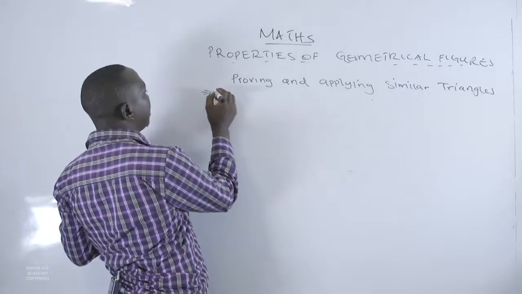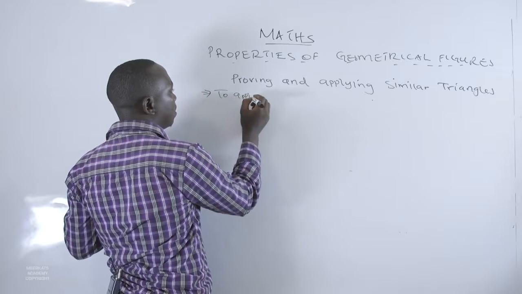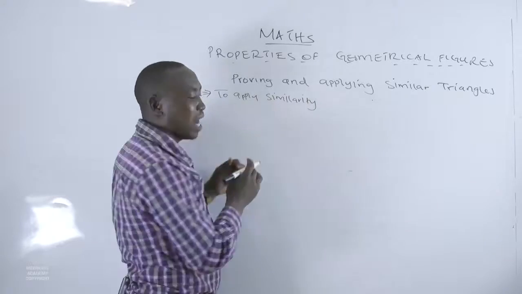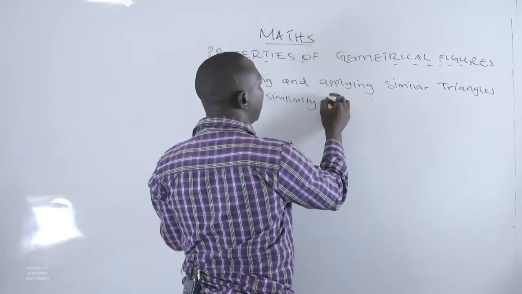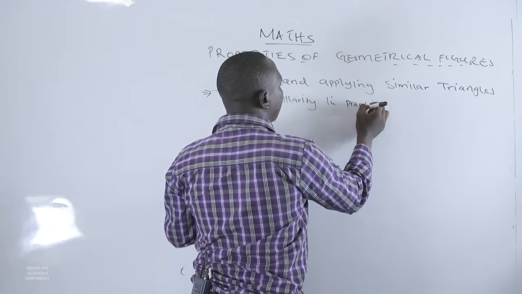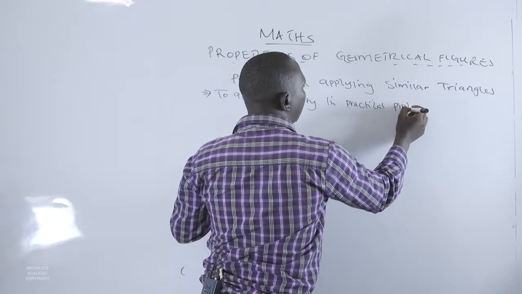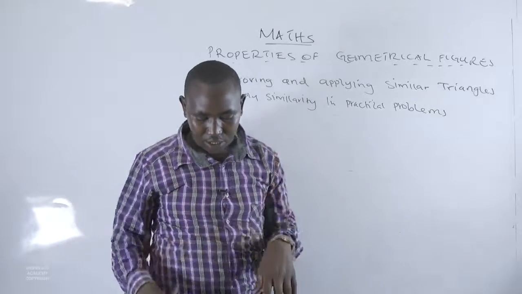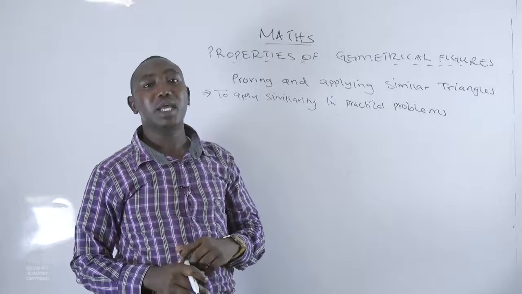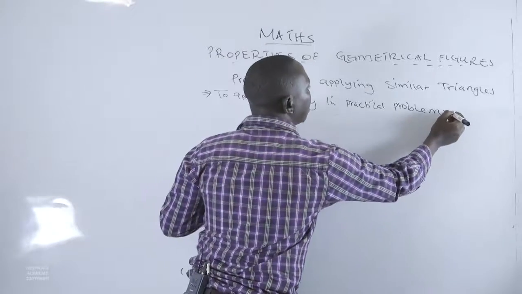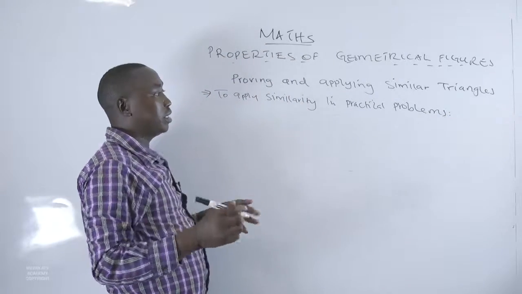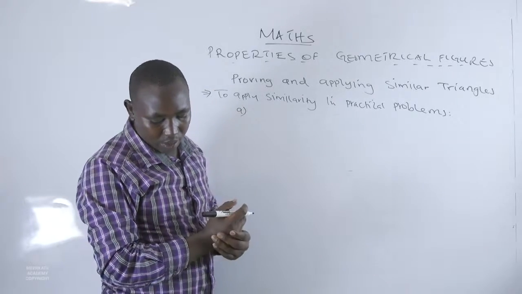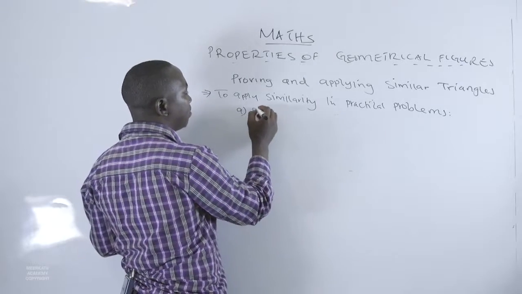To apply similarity in practical problems, there are 3 critical steps that should be followed. So for you to be able to use similarity, number 1, prove that the two triangles are similar.